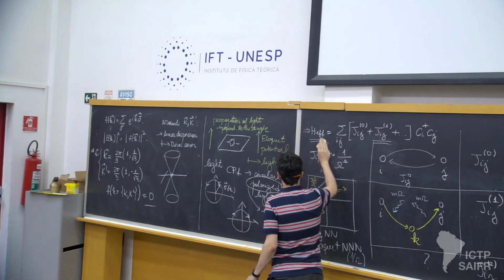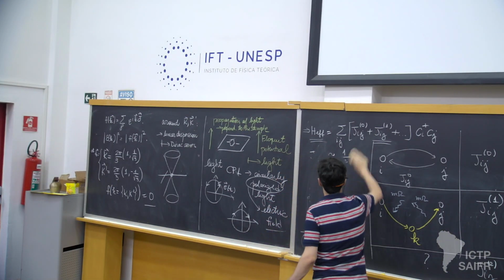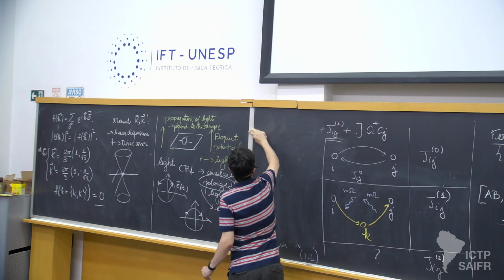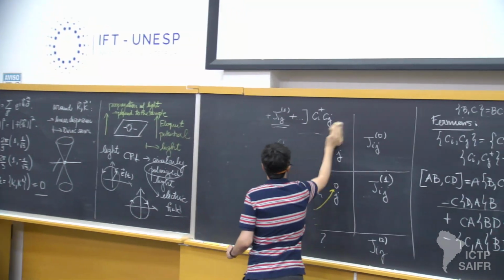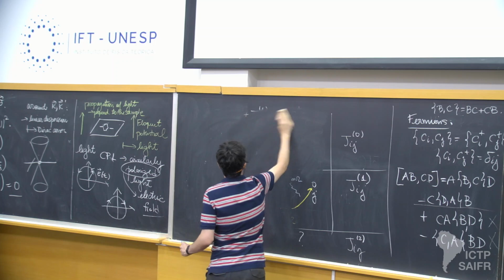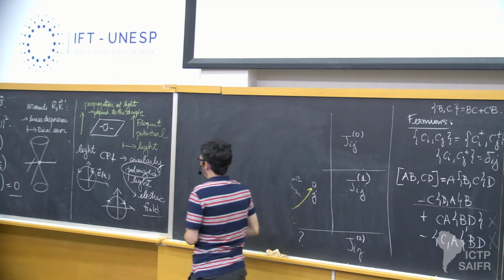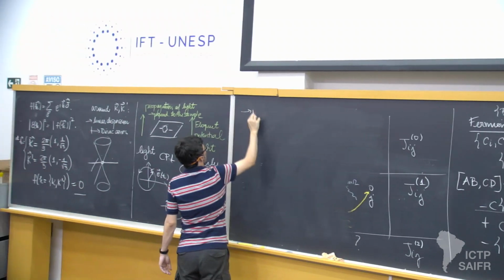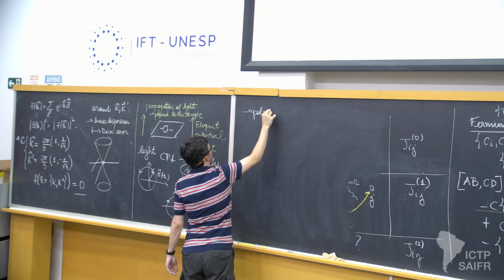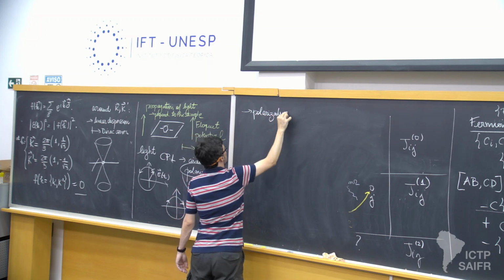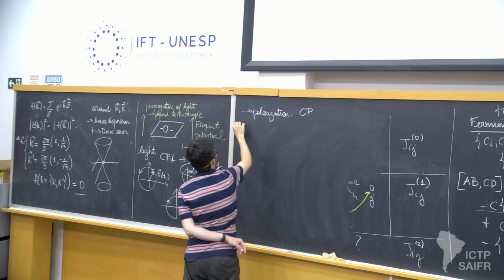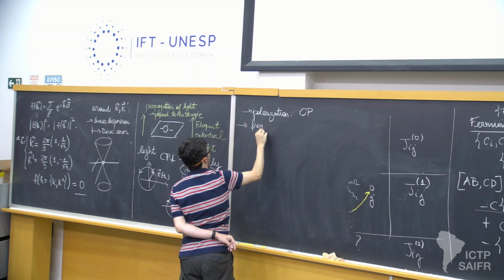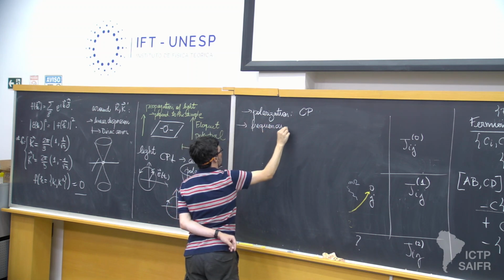And as usual, let's assume that this light has frequency omega. So I already told you the polarization, circularly polarized, and the frequency, omega.